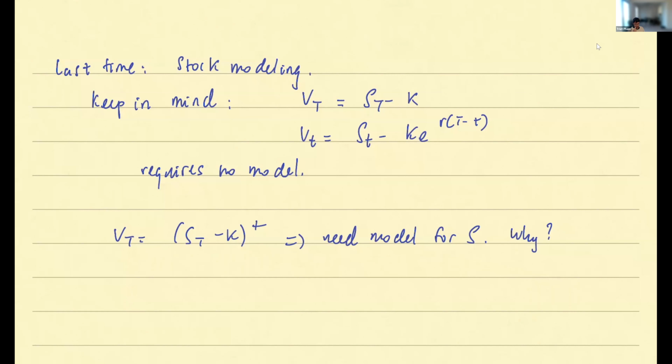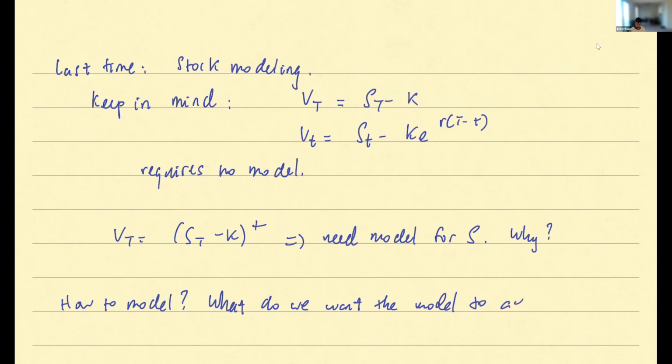And when you ask this kind of question, there are more questions that you should ask. For example, how to model? What kind of process do you use to model? And along the line, it is connected to what we want the model to achieve.